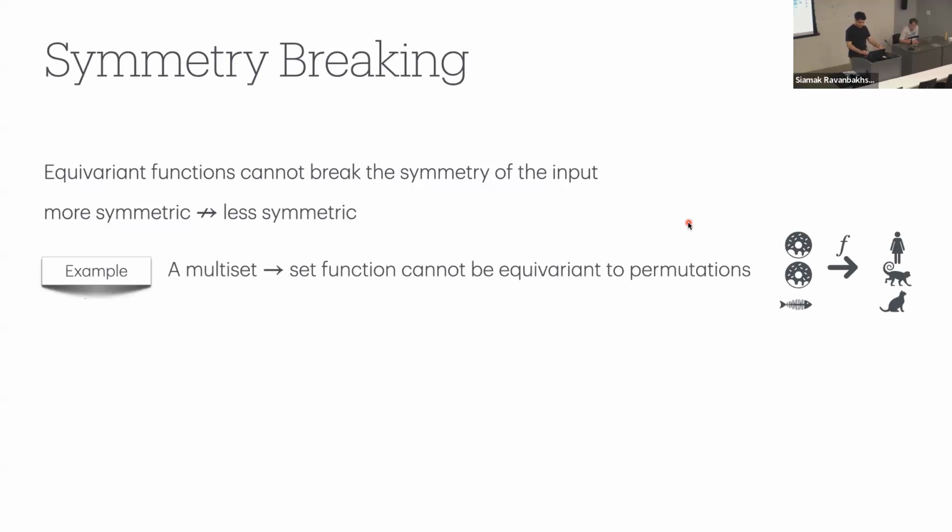Suppose that you have a bunch of items and you want to assign them to people. So you have a task that involves mapping a multiset to a set.